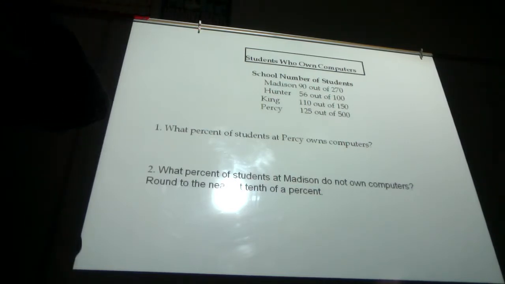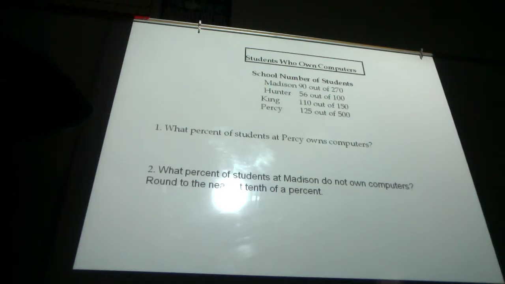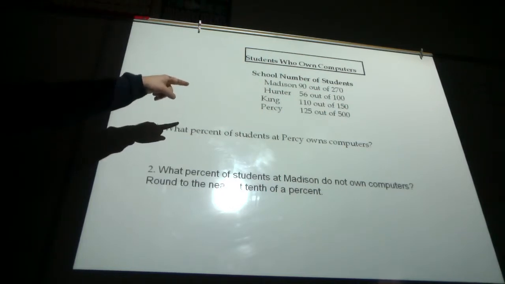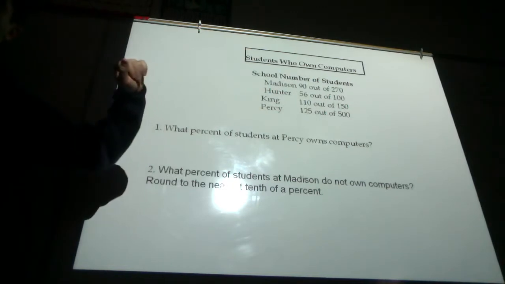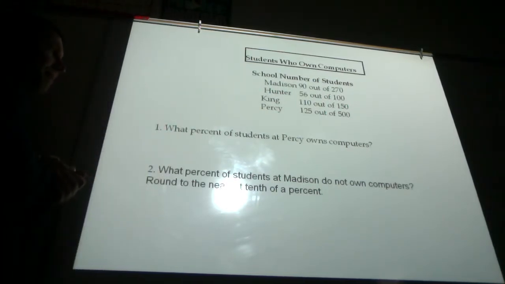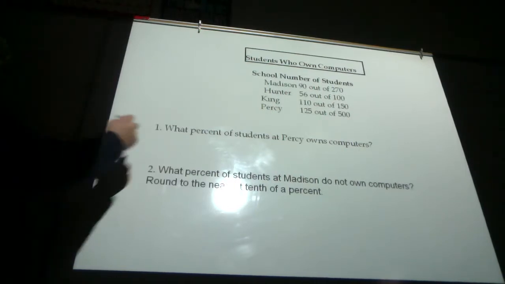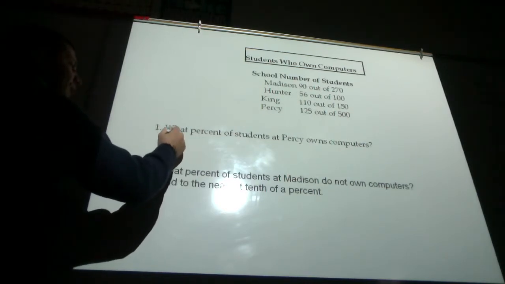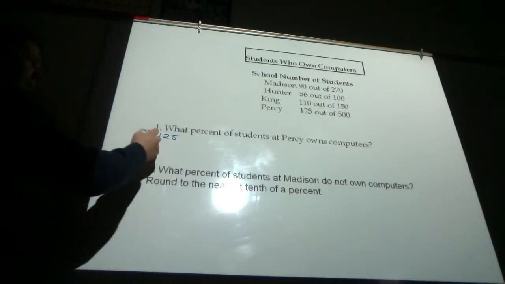Not what percent, how many students at Percy own a computer? 125. 125 students own a computer. How many total students are at Percy? 500.